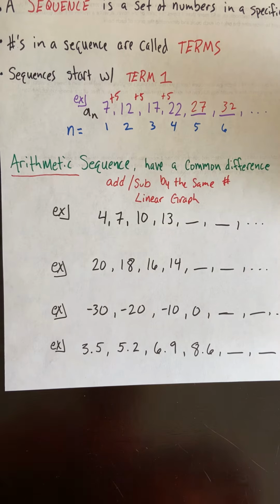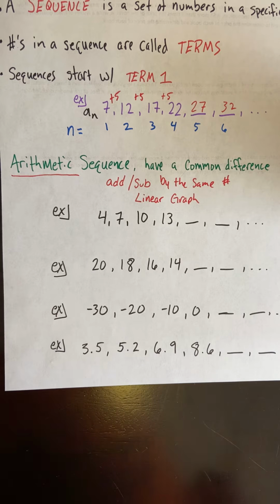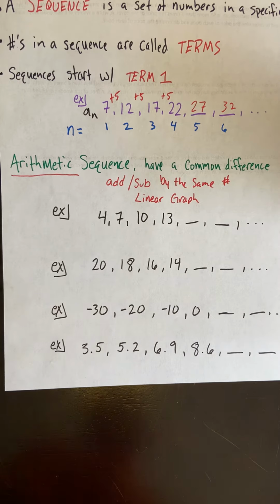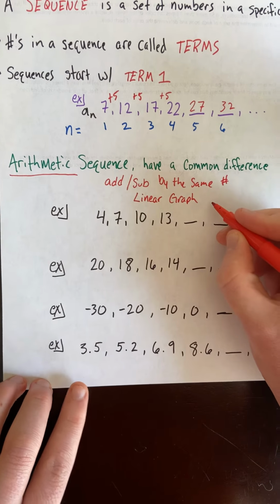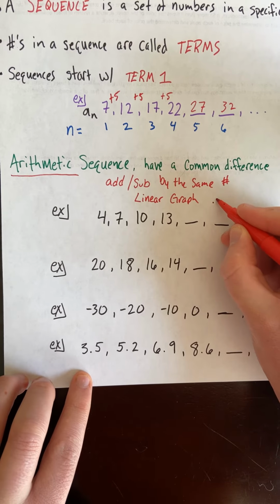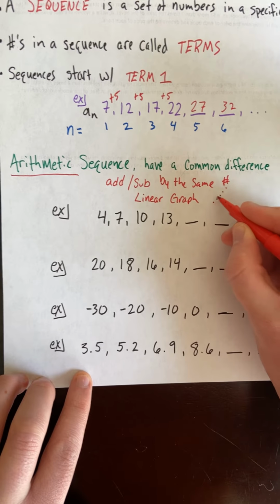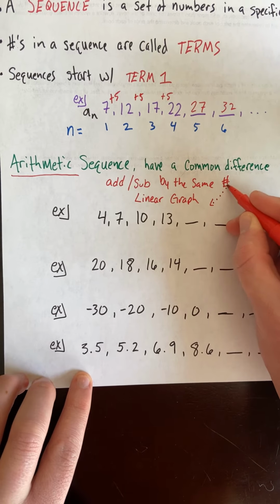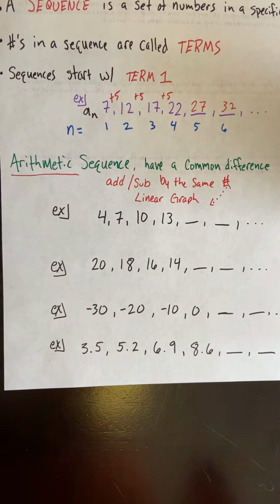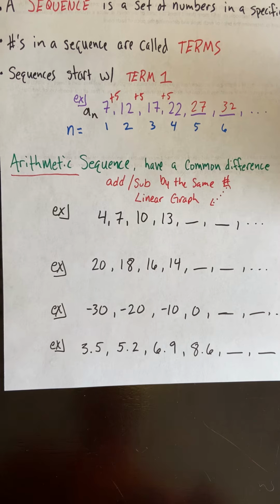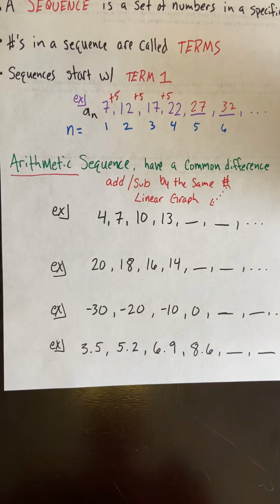Well, an arithmetic sequence does the same thing. It's adding or subtracting the same number every single time, which, if we were to plot these, would produce a nice dotted straight line. I'm not too interested in the graph this week.